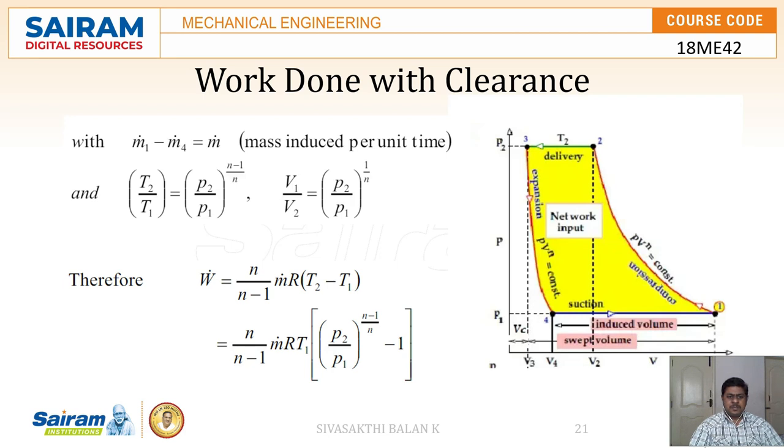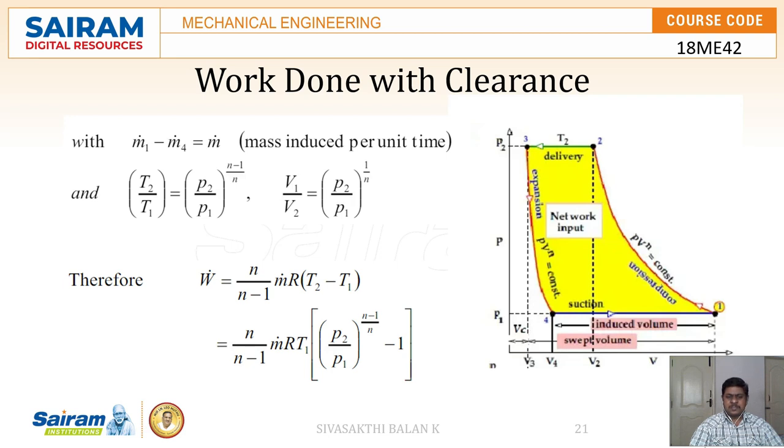Therefore, the work done or indicated power for the reciprocating compressor with clearance is expressed as n divided by n minus 1, multiplied by the mass flow rate m dot, R, and the temperature difference T2 minus T1. We also know that T2 by T1 is equal to P2 by P1 to the power (n minus 1) divided by n.